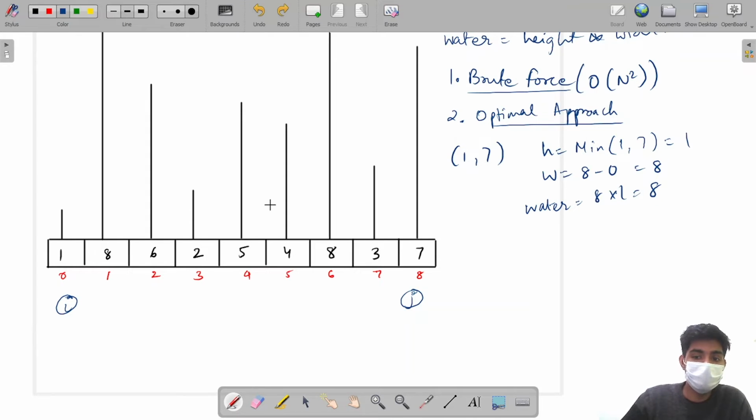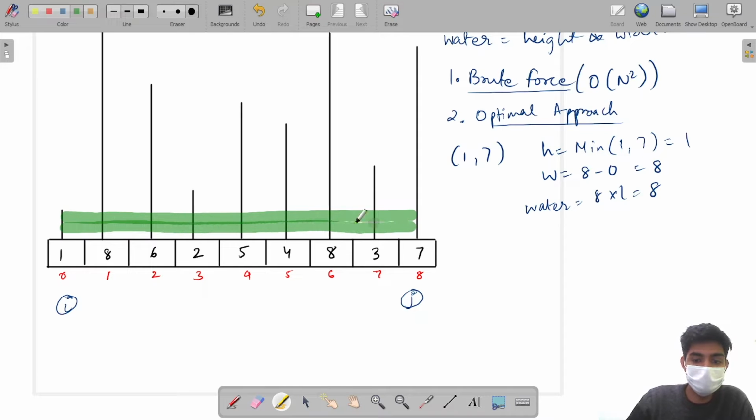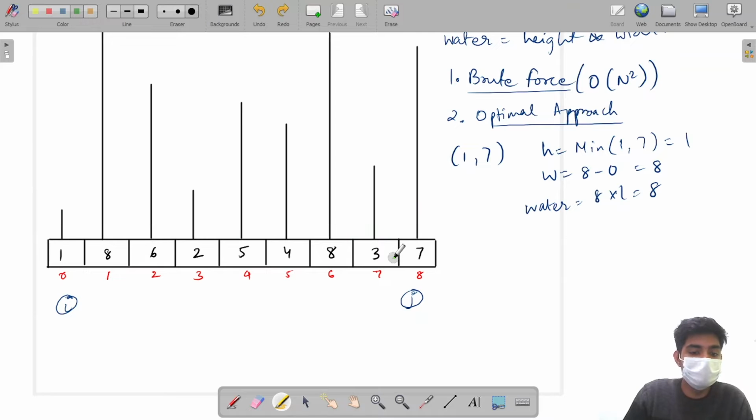So it means that I can make a container like this at this moment. If I choose these two numbers 1 and 7, then I can make a container like this. This is not the right container. It only contains 8 units of water, but this is the container at this moment, right?